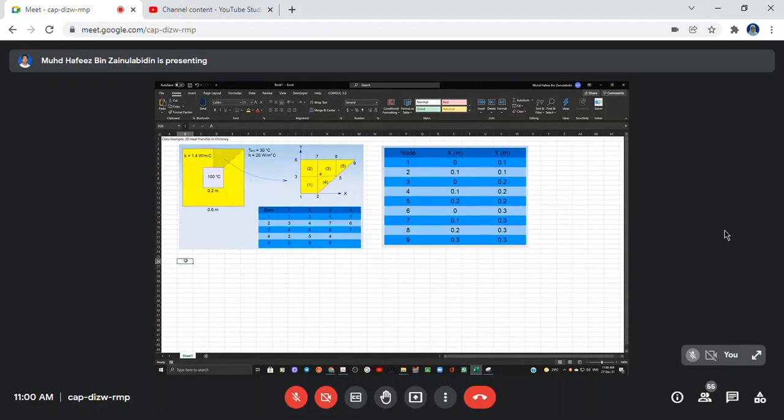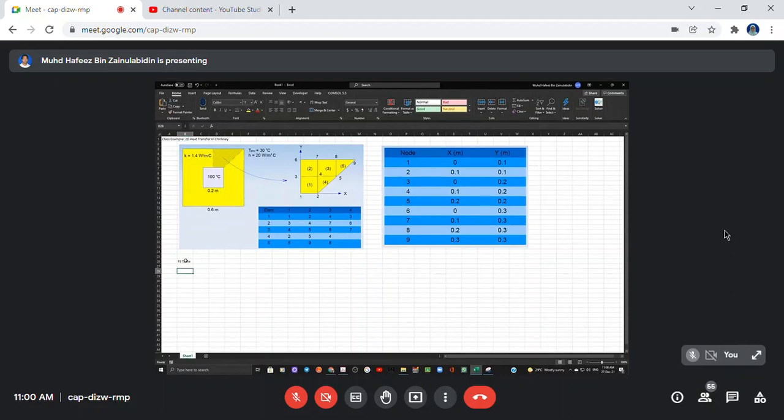Okay, ready to go. So first, the FE table. In this case, we need two tables actually. One table for rectangular element and one for triangular element. Rectangular element and triangular element have different formula.